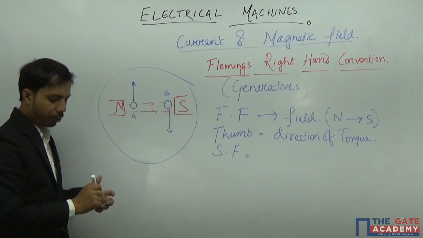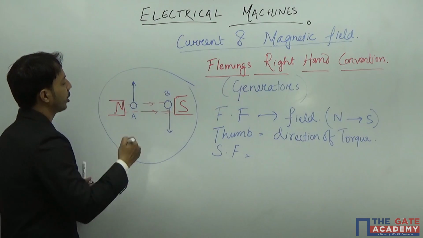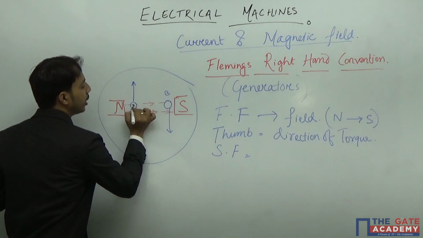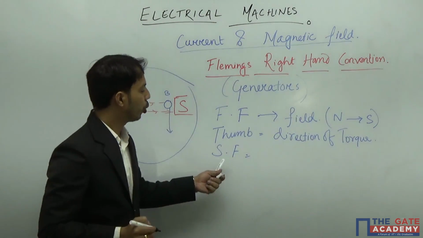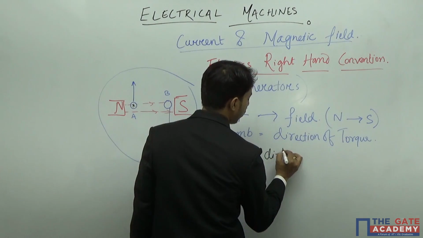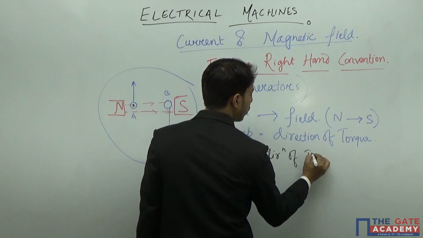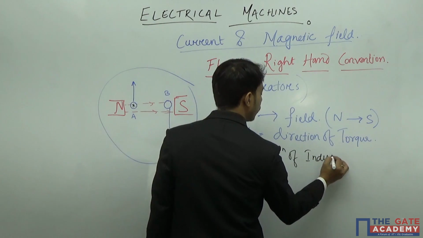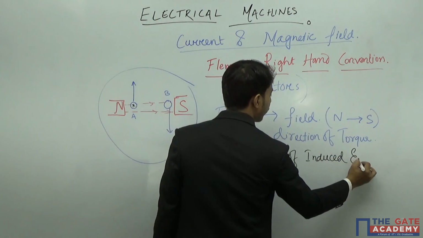So we can denote the direction of the EMF which is induced here by a cross. The second finger gives us the direction of induced EMF.